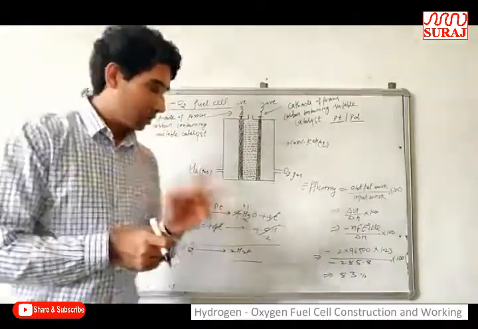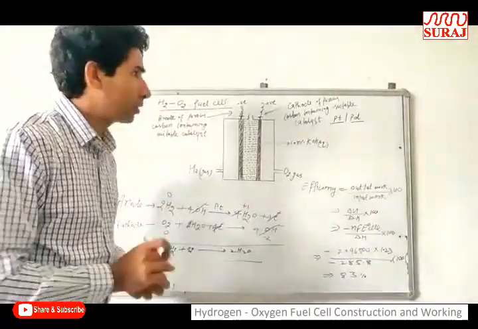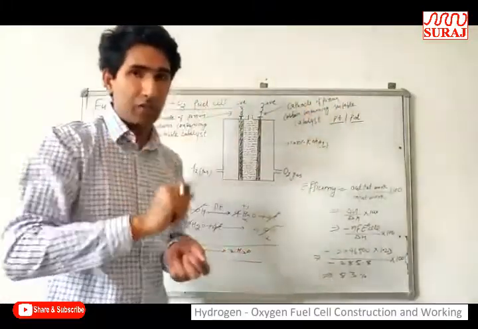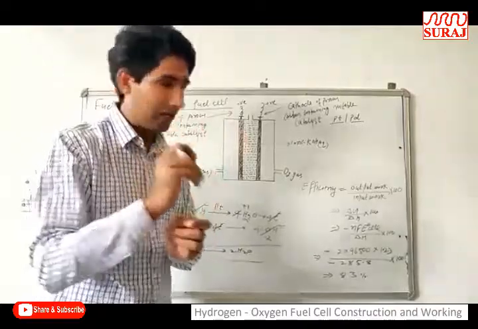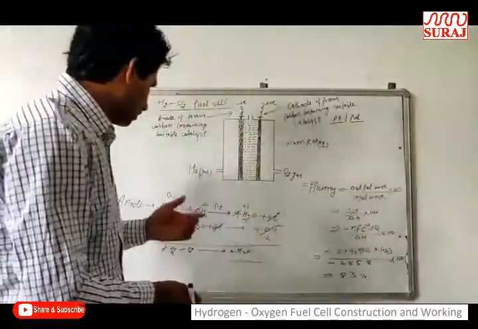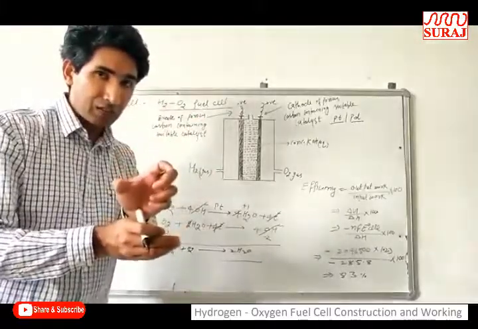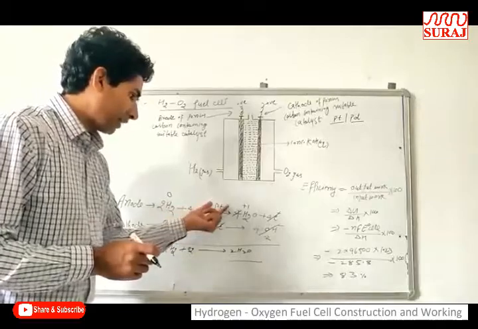Clear? These are the advantages, but there are some disadvantages also, because the Pt and Pd that we use as catalysts are expensive in nature. So the cost of the cell will be high. Second one is, it is very difficult to combine the 3 phases at a time: gaseous, aqueous and solid.